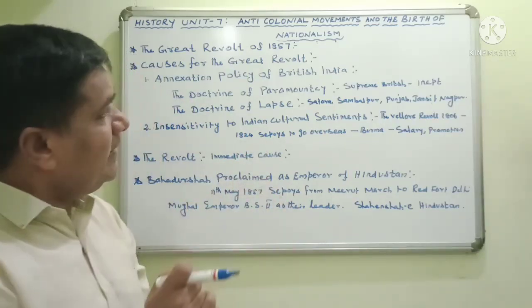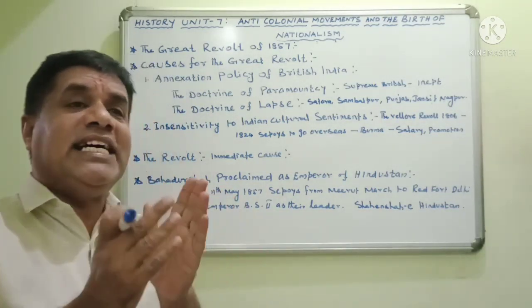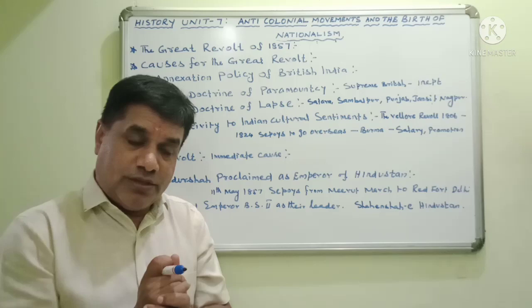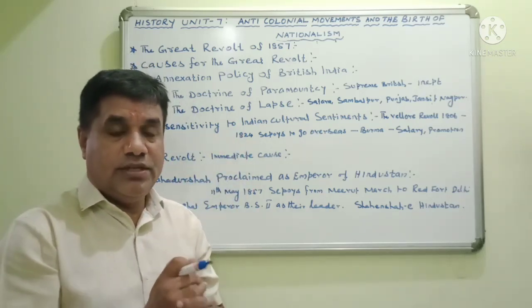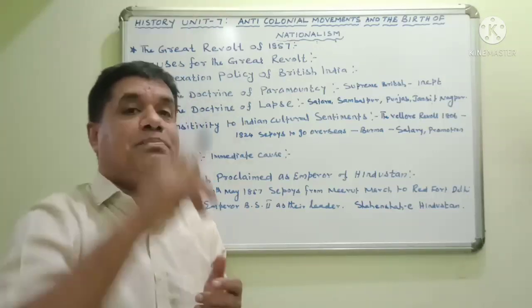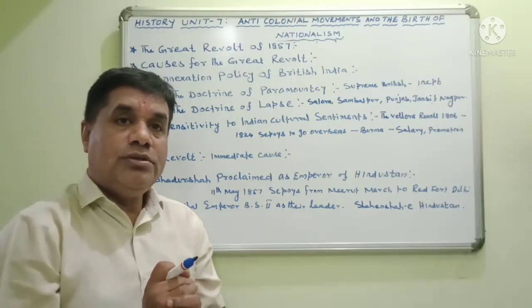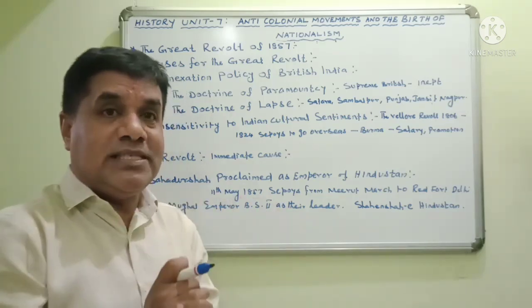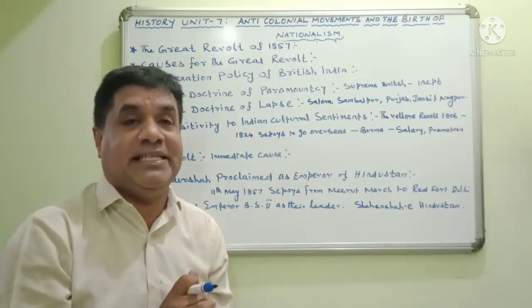And after that, in 1806, the Britishers introduced the new turban. The new turban is round in shape. Both Hindus and Muslims refused to wear that new turban.